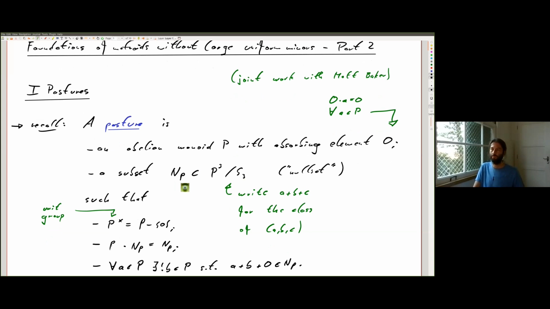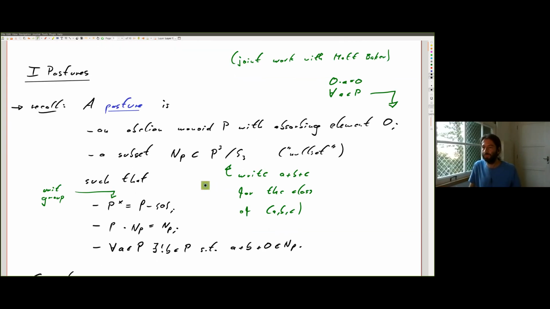This subset is called the null set. We write a plus b plus c for an S3 orbit, for the class of a triple (a, b, c). You should really think of this as a sum of 3 elements, and the sum is commutative, which corresponds to the S3 action, which satisfies the following 3 axioms.